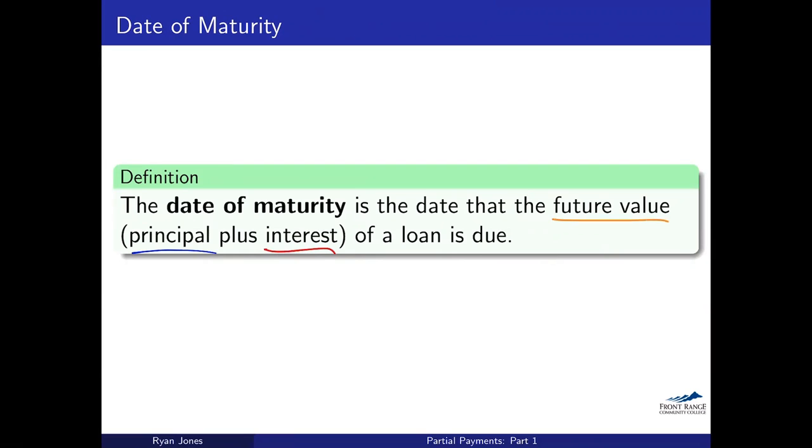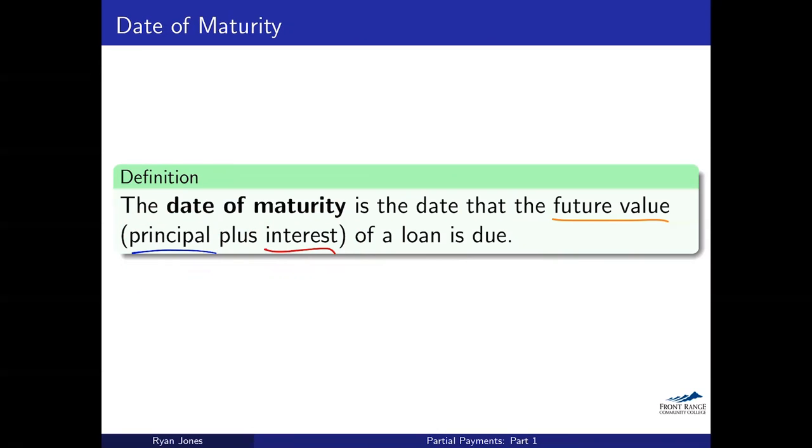That future value is just how much you have to pay back when it's all said and done. If you borrow $1,000 from a bank, they're going to charge you some interest in addition to that. So not only do you have to pay the $1,000 principal that you borrowed, but you have to pay interest according to however they calculate it, whether it be compound interest or simple interest. And so that future value is that full amount that you have to pay.